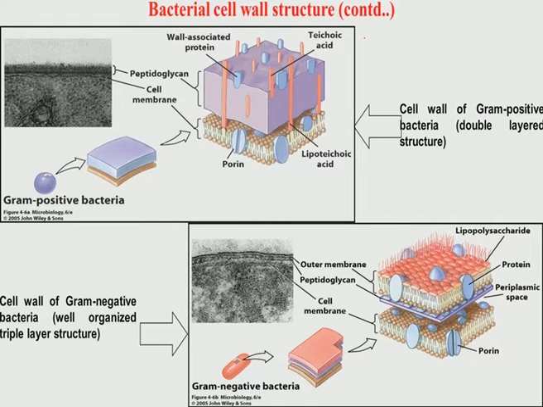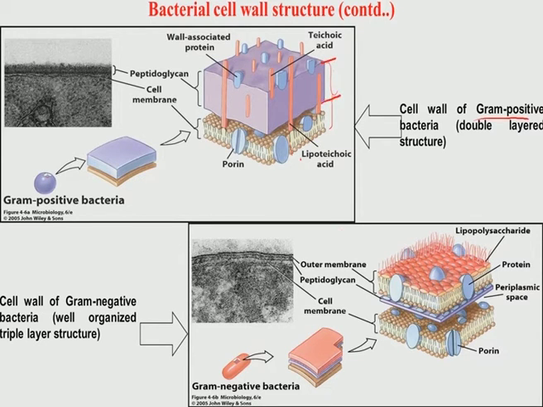This is your gram positive bacterial cell membrane. Just like a eukaryotic cell, you have a double layer kind of structure, and you can see a lot of proteins attached to the inner wall, and a reasonably thick peptidoglycan layer.